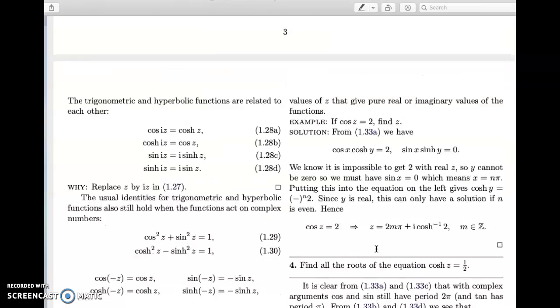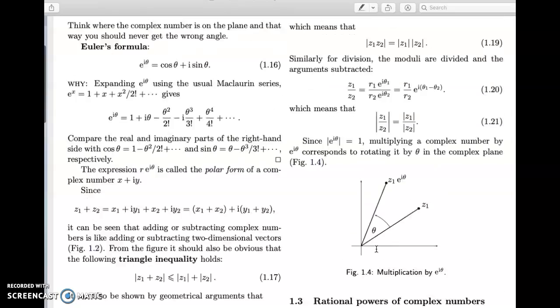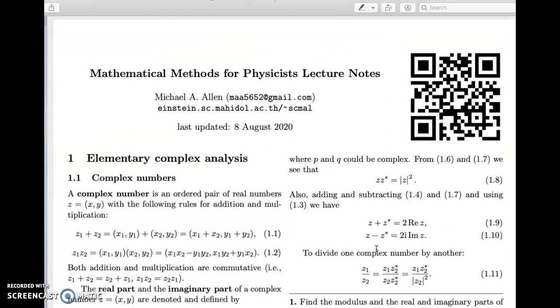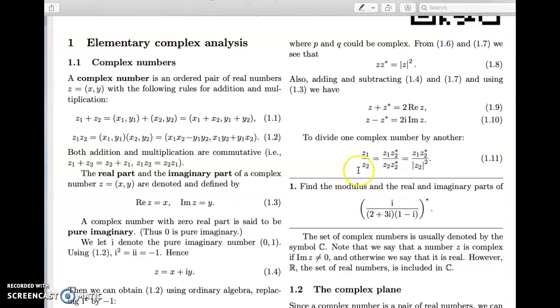That's what we did in the first section when we talked about dividing complex numbers, z1 by z2. The trick here was, if this is a complex number, 1 plus i or something, then how can we deal with it? Well, we can turn it into a real thing on the bottom by multiplying top and bottom by the complex conjugate of z2, and that will definitely make the bottom real.